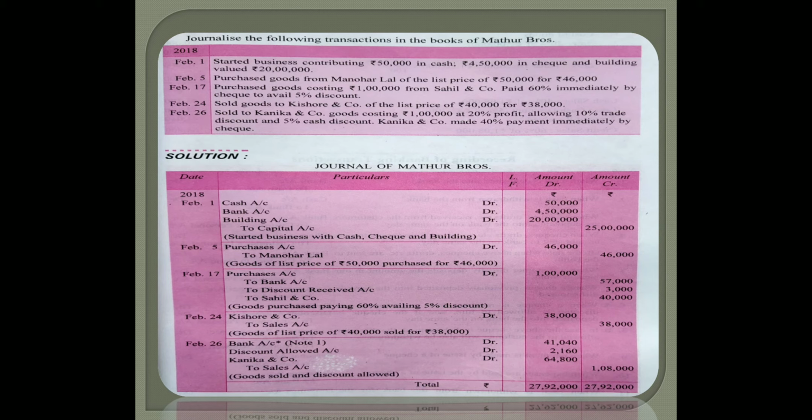43,200 rupees. The amount will come 2,160 rupees, and it will be deducted from 43,200 rupees, and the amount will come 41,040 rupees.